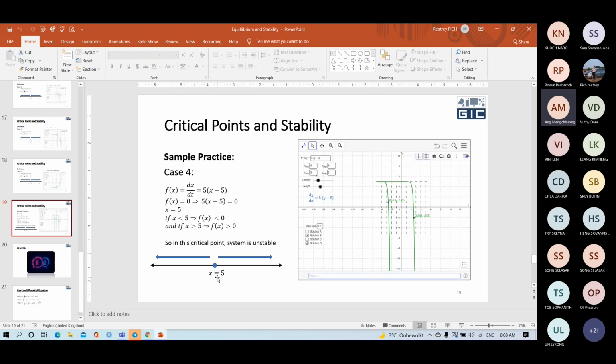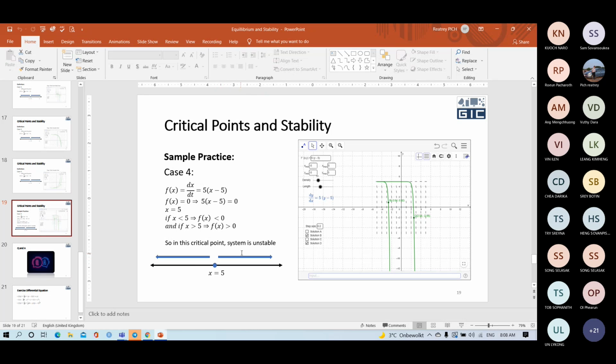And then we study the other values. x can be greater than 5. If x is greater than 5, our system always produces a positive value, so we draw the right arrow.